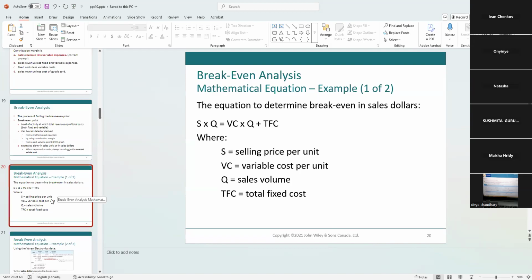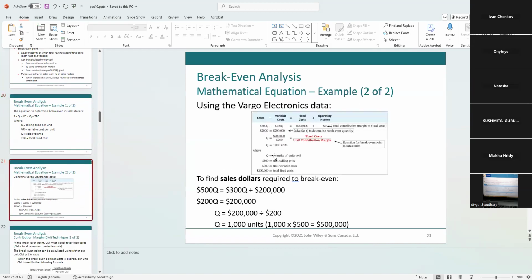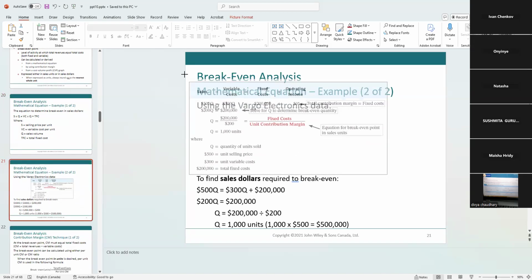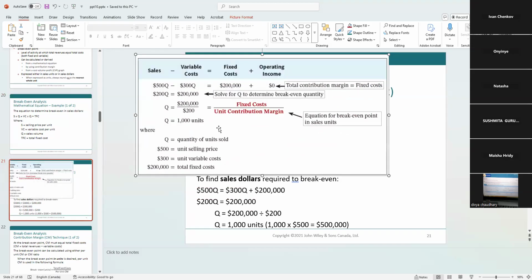And in this equation, for this company specifically, we're going to have 500 as my sales price per unit, times number of units, which I don't know. I want to find out how many there are. It should be equal to the variable cost per unit, which is 300, times number of units, plus $200,000 fixed cost.